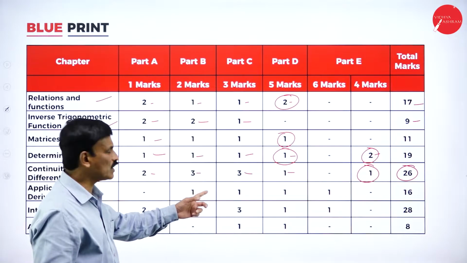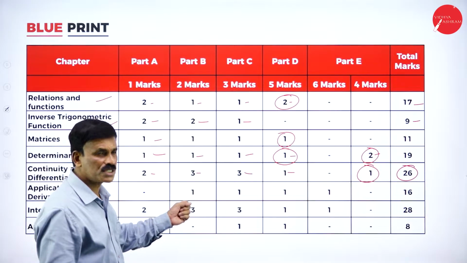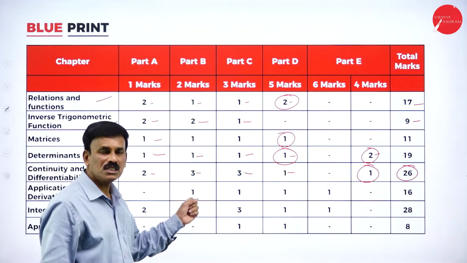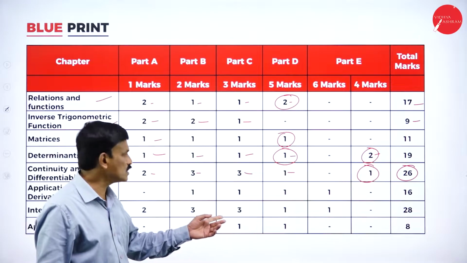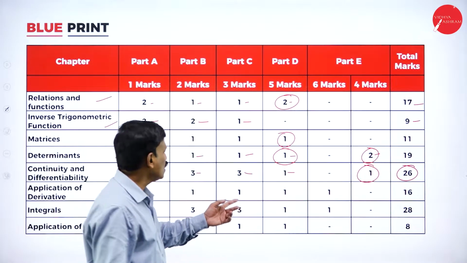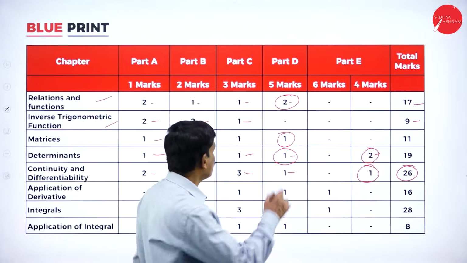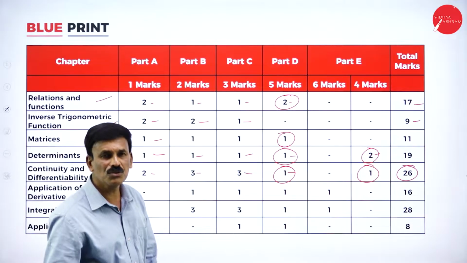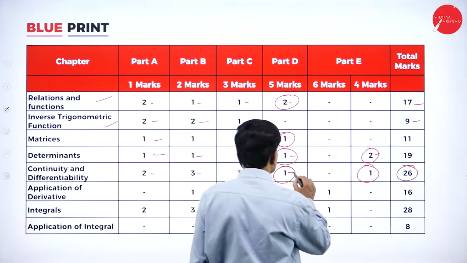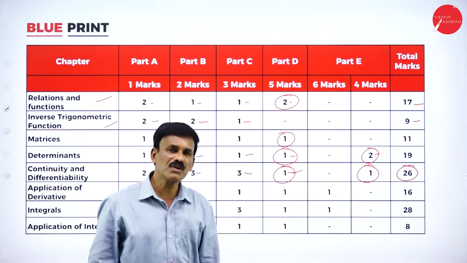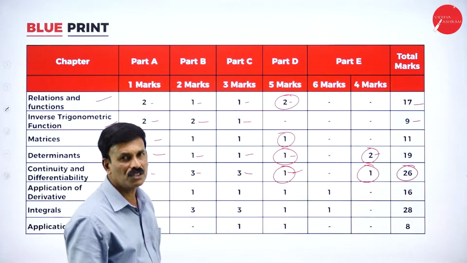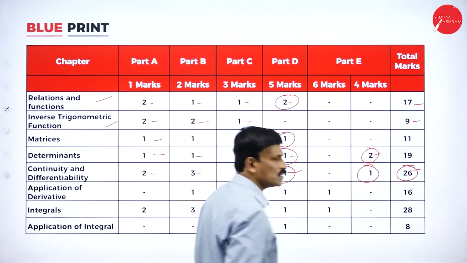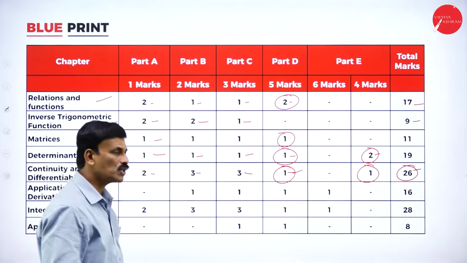The questions may be from different methods of differentiation, like parametric differentiation, implicit differentiation, logarithmic differentiation, exponential differentiation and second derivatives. For 5 marks definitely you will get a question from the second derivative. If you study the second derivatives perfectly, you are going to get one 5-mark question. The total marks for this chapter, continuity and differentiability, is 26 marks.